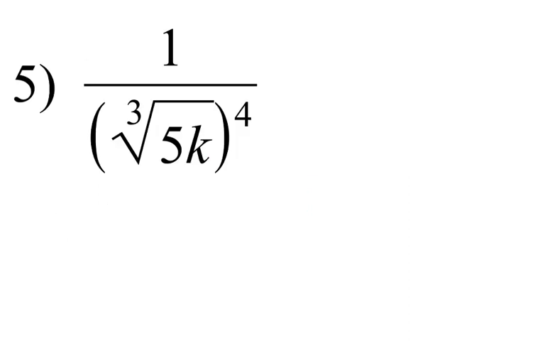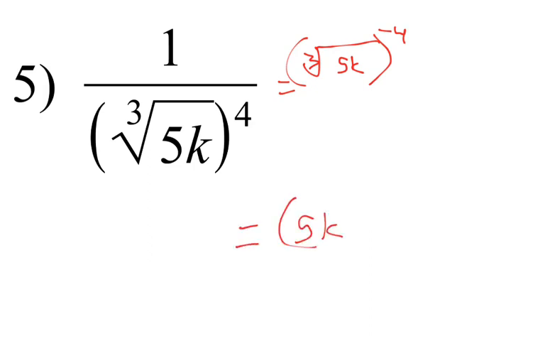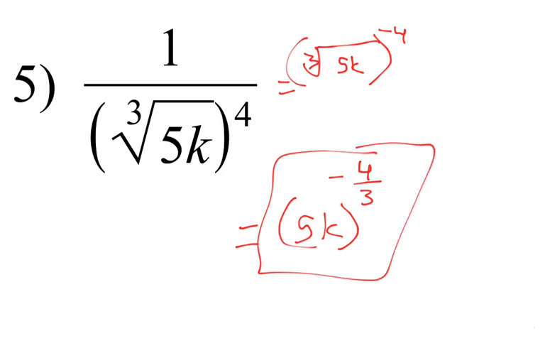On this one here, this 1 over only happens if the power is negative, because that's equal to the third root of 5k to the 4th to the negative 4th power. And so to rewrite this, you put 5k, and the fractional exponent is going to be 4/3 and negative, and it gives you that guy there.